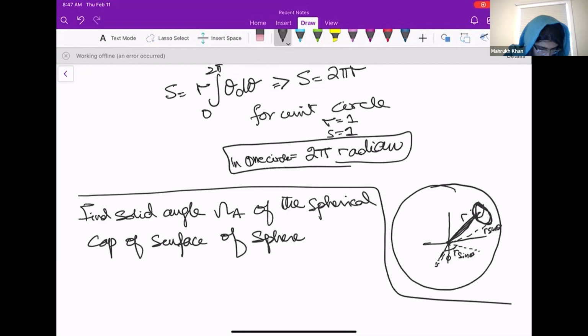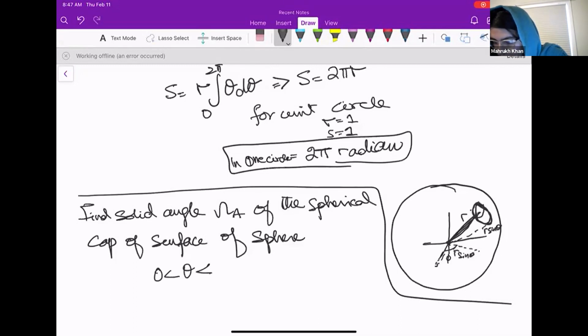So we need to find a solid angle. One is the exact solid angle that we have derived, and the other is just the approximation.